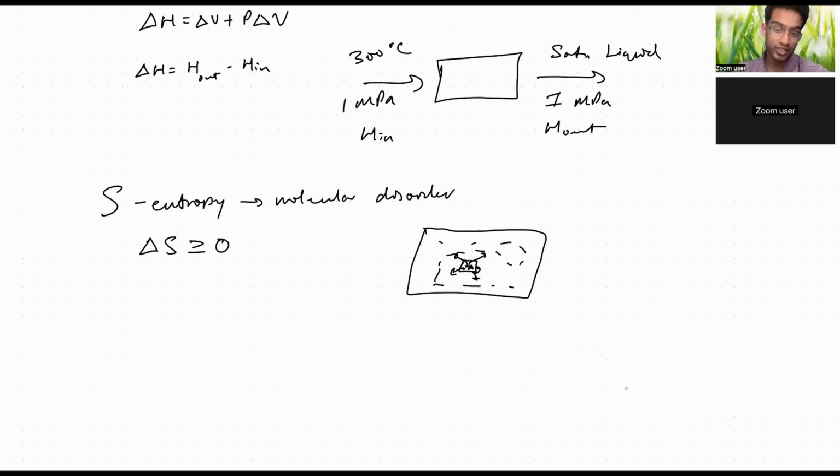We can force it to decrease, of course, but it's not going to just do that spontaneously. The universe is always trending towards more disorder. So mathematically, we express this in a differential term, which is dS equals partial Q over T.